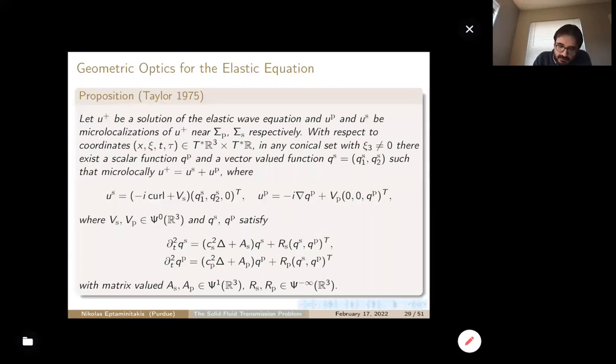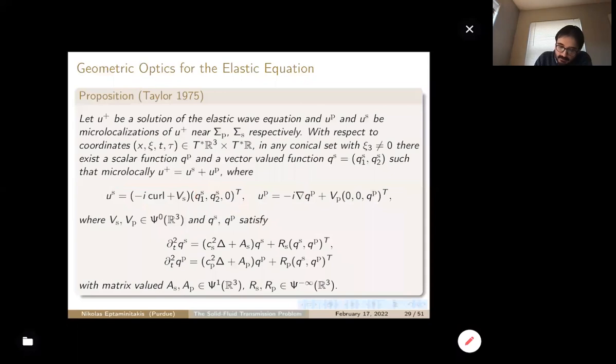Okay, there is a lot here, but mainly the idea is that one can decompose the wave microlocally. So you can decompose the elastic wave equation and obtain the shear part as the curl plus a lower order operator of a potential, and you can get the pressure part as a gradient plus a lower order operator.